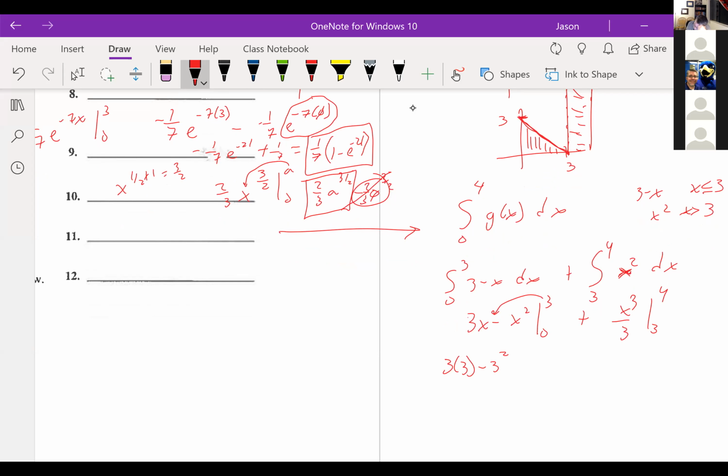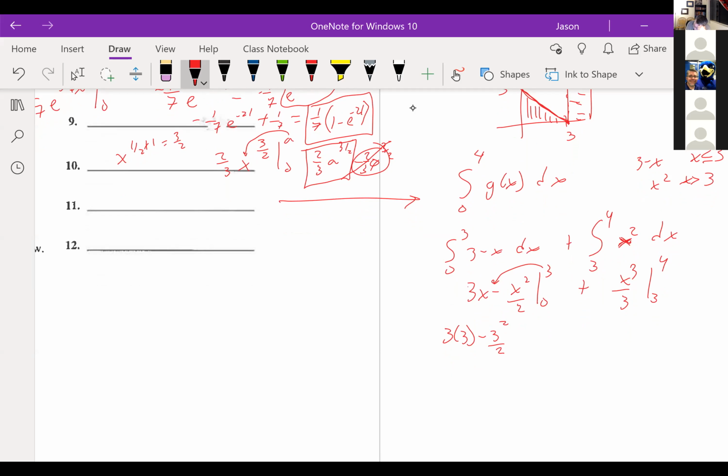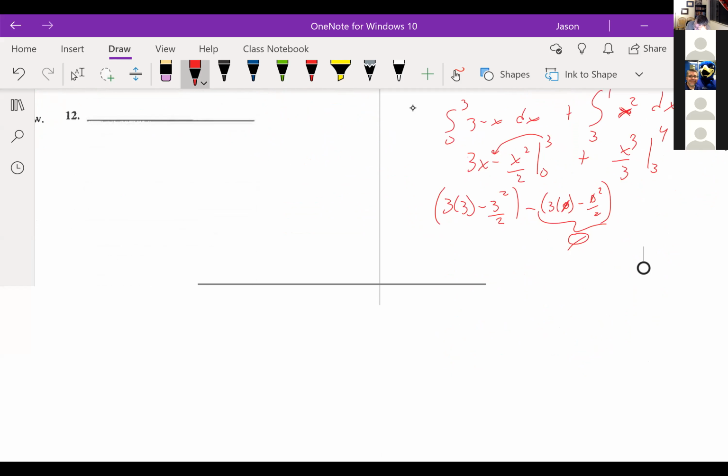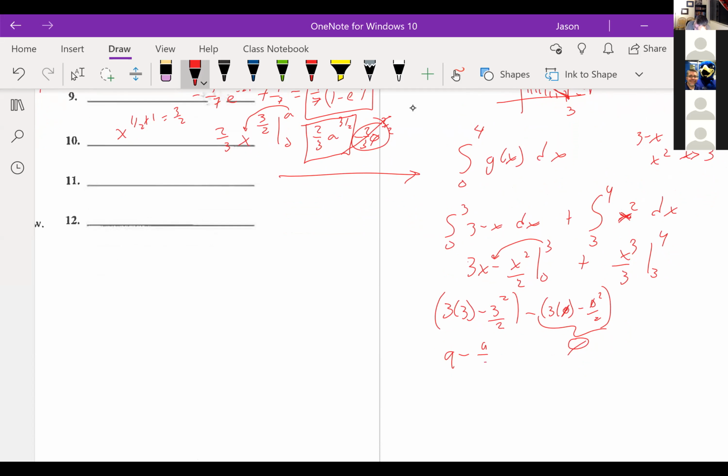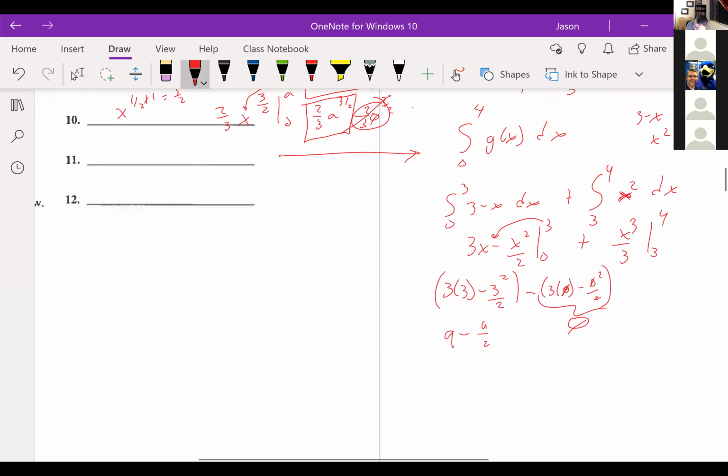This can't be right. Oh, this is over 2. I forgot the 2. My bad. Yeah, x squared over 2. Minus, and then the 0 is going to go in there. So this is 3 times 0 minus 0 squared over 2. That whole thing is just going to go to 0. So this is going to be 9 minus 9 halves, which is basically 9 halves, or 4 1/2.